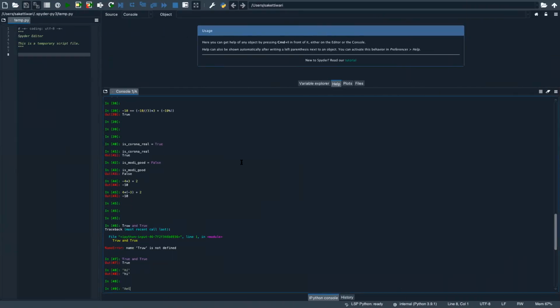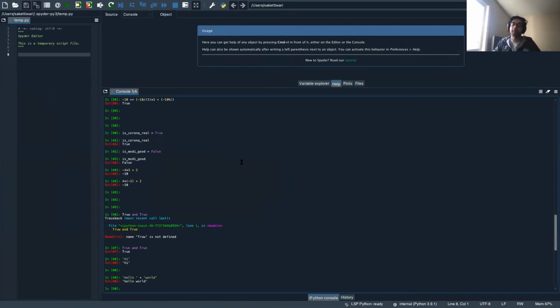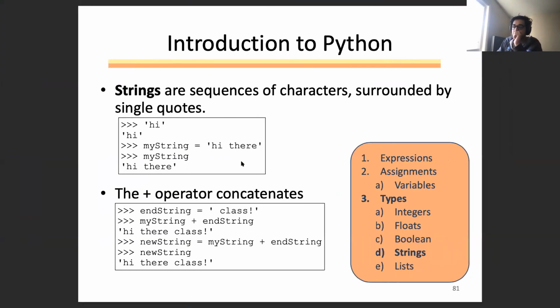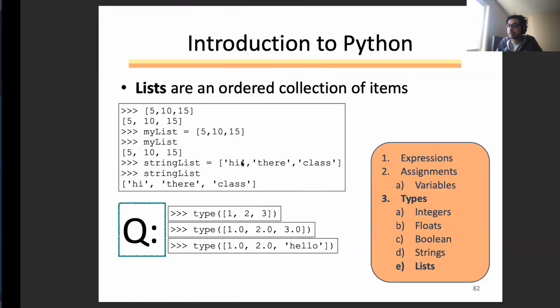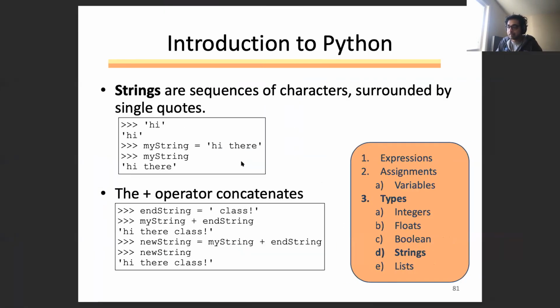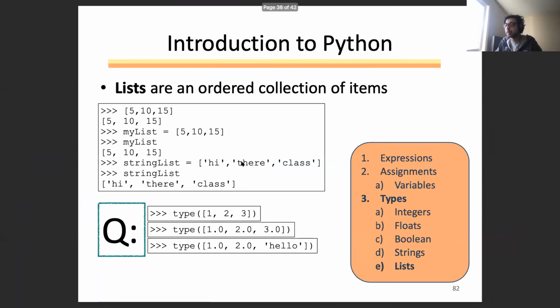So you can do hello space plus world, that gives you hello world. And that is something you'll use a lot if you do any kind of text processing or text analysis. Cool. And I hope that explains strings. I am not sure if we should cover anything else given the time.